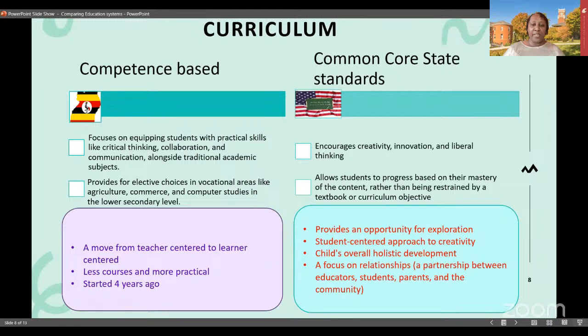You'll find that the students have an opportunity for exploration. And here, what I want to say is, when students get to high school, they have options to enroll in dual courses, but it depends upon how strong your child is.